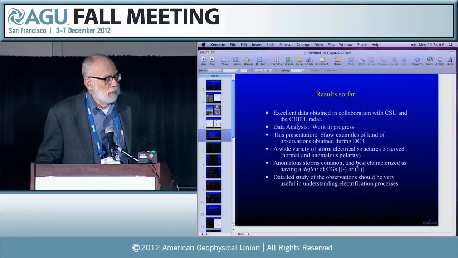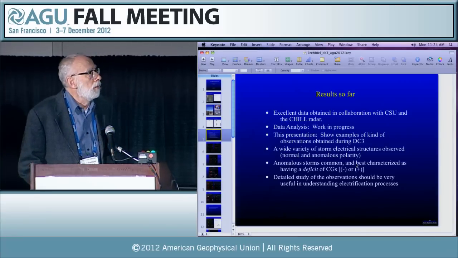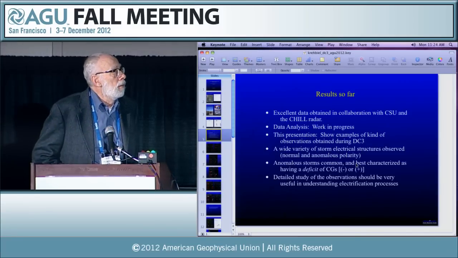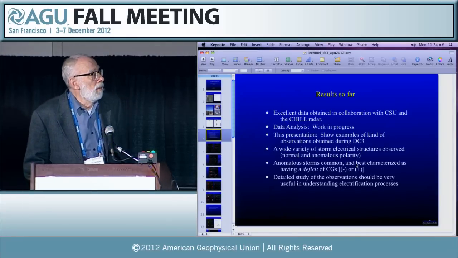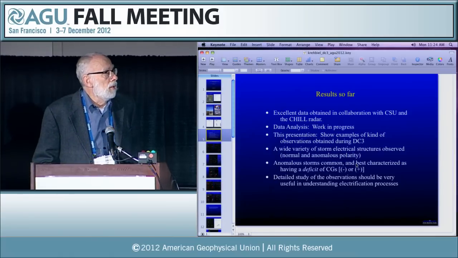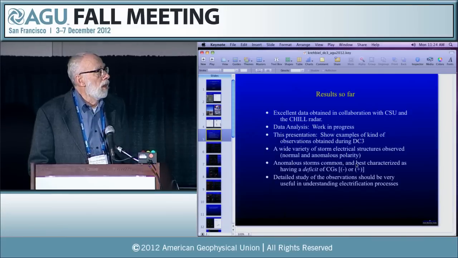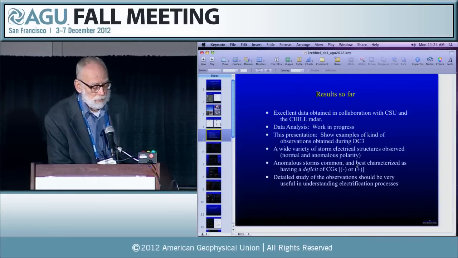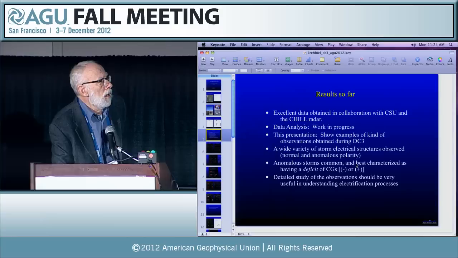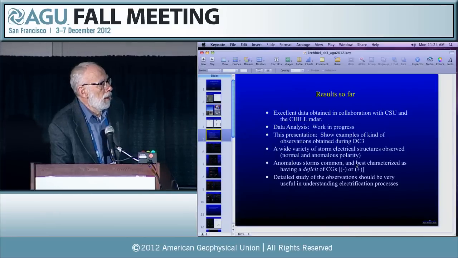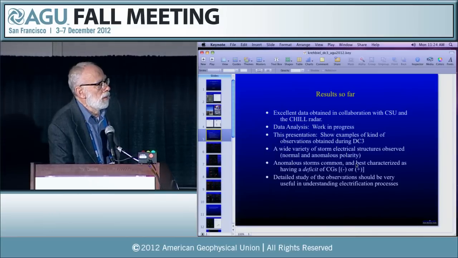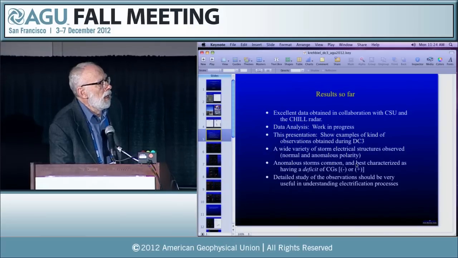Okay, just to summarize the results so far before we get into actually showing them. Basically, we obtained excellent data in collaboration with Colorado State and the CHILL radar. The data analysis is very much a work in progress. In this presentation, I'll just show some brief examples of the kind of observations we obtained during DC3.